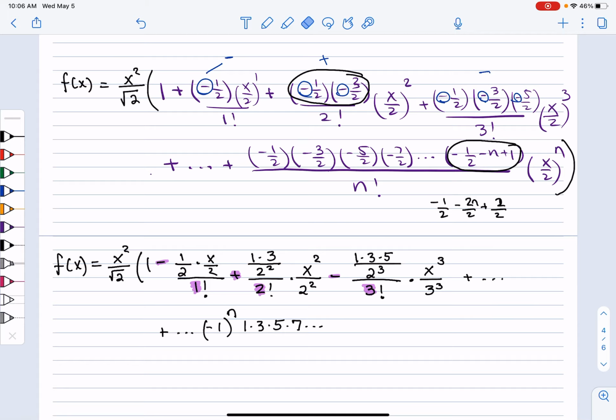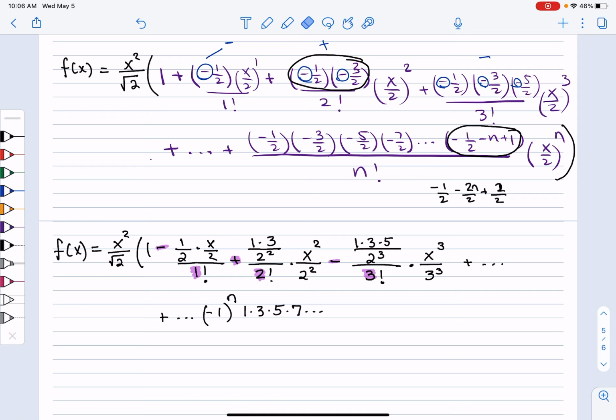So we can say that this right here is going to be equal to, let's see here, negative 2n plus 1 over 2.